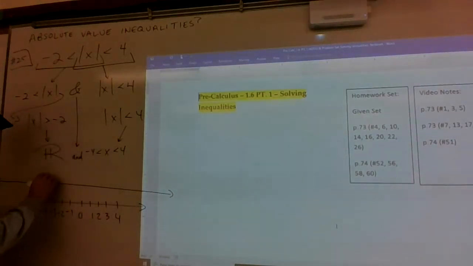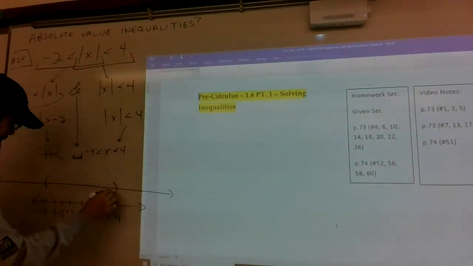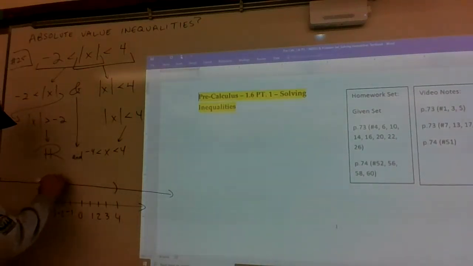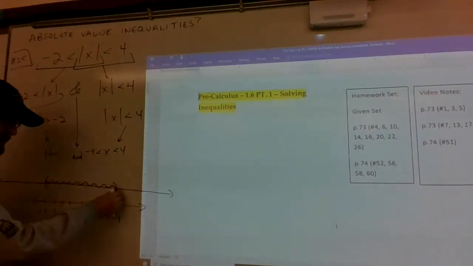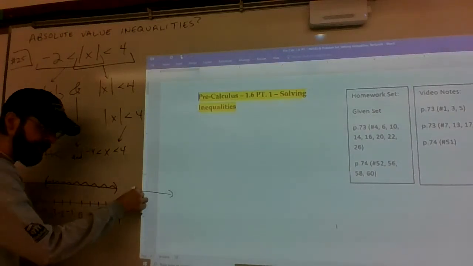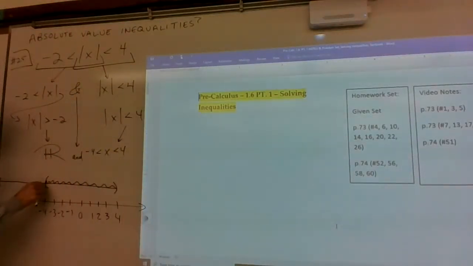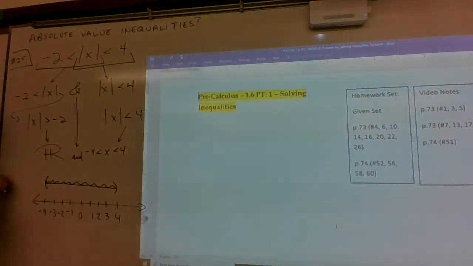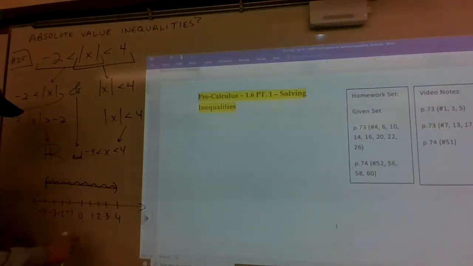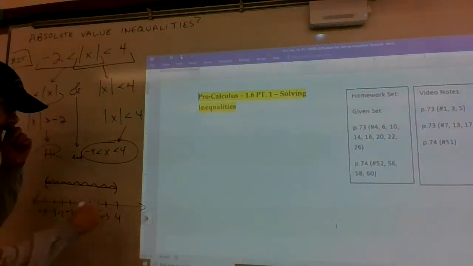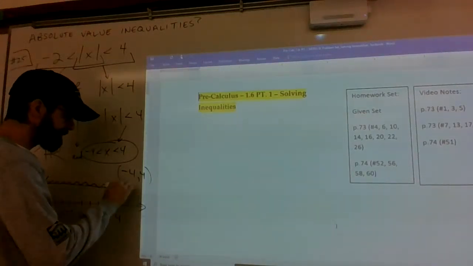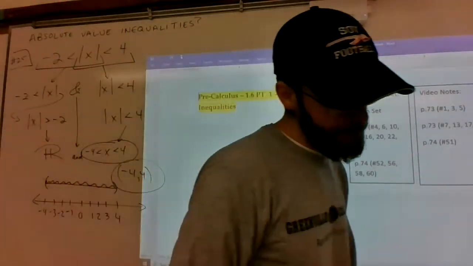This starts at negative 4 and ends at positive 4. So the space beyond the 4 is not shared, and neither is the space beyond the negative 4. This is our solution. So it should be negative 4 to 4 with parentheses.